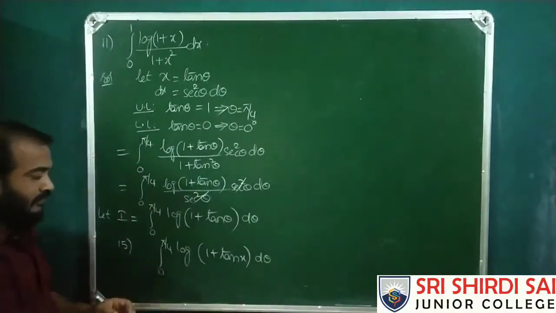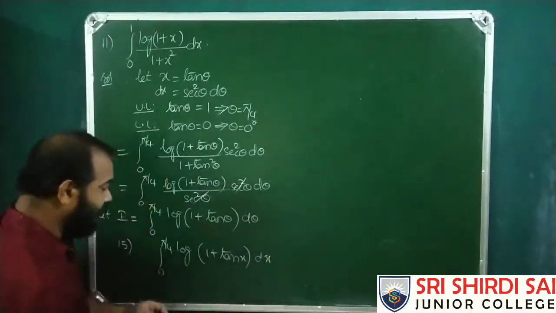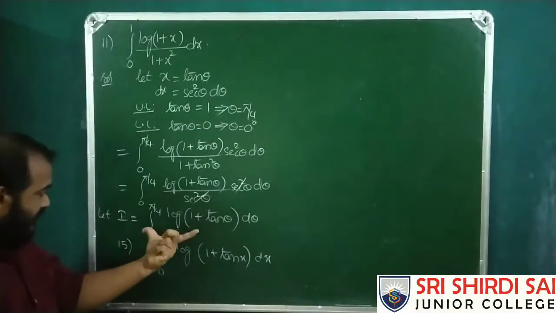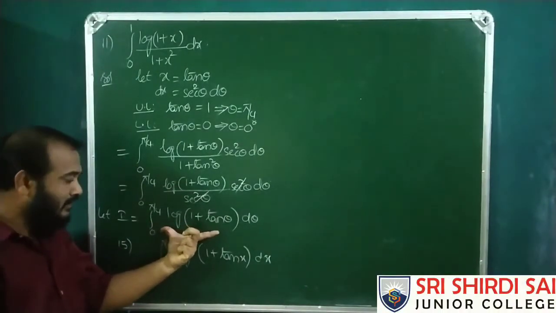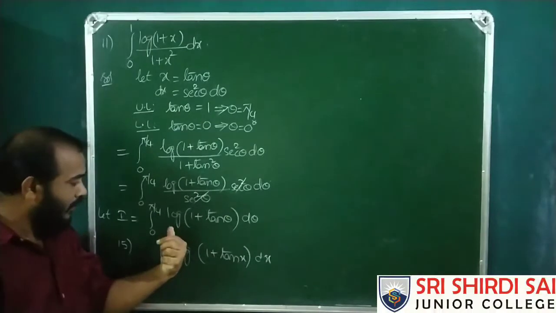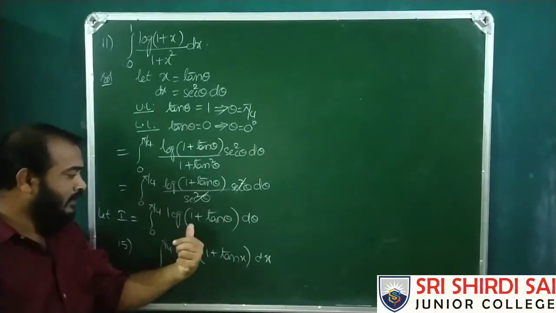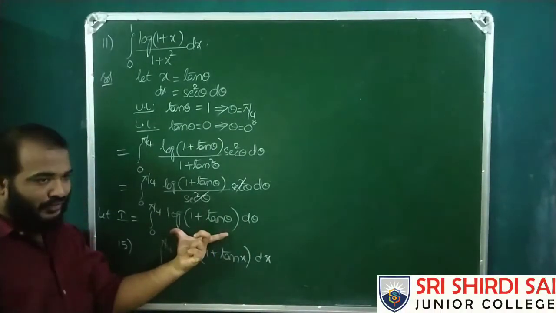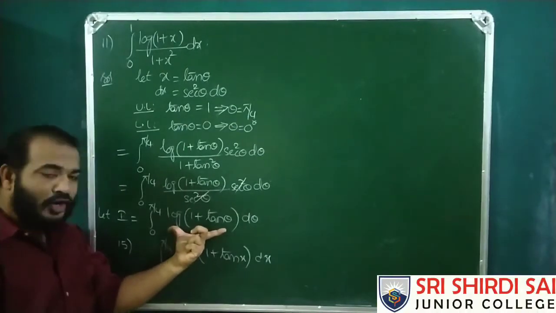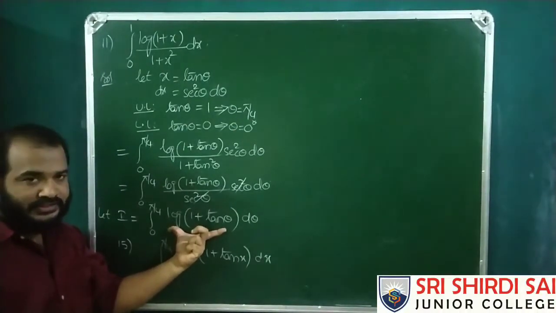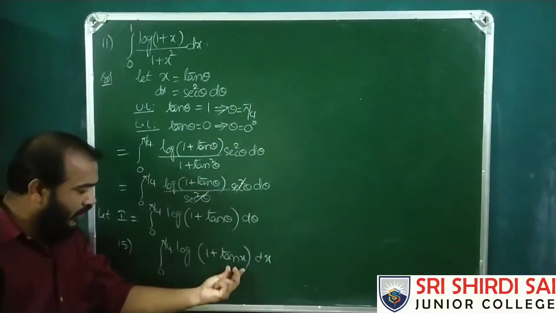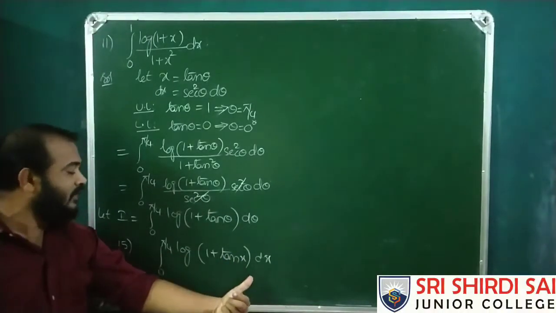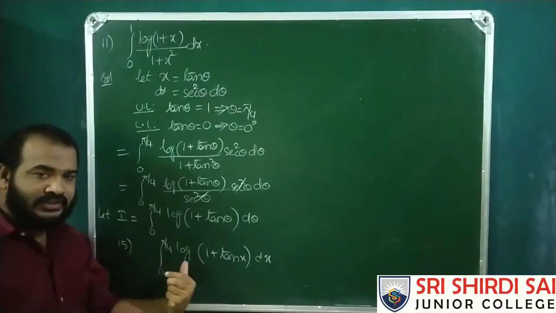Isn't it the same? Since the ultimate value of the definite integral is f(b) minus f(a), upper limit minus lower limit, that value is independent of the variable of integration. So there is no change if it is theta or x. By all respects the 15th question is the same.